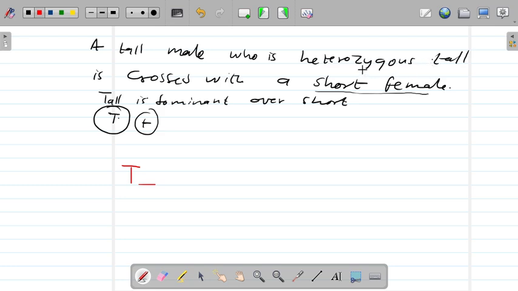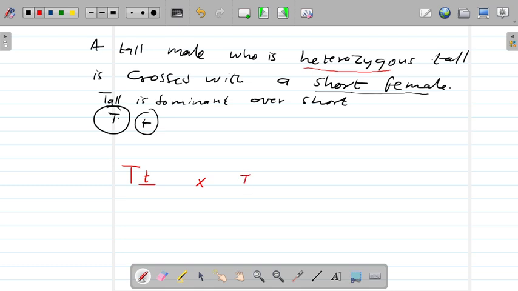But heterozygous means he has a different allele for this trait, so another small letter t. If he were homozygous tall, it would be a big T, homo meaning the same, but that is not the case.